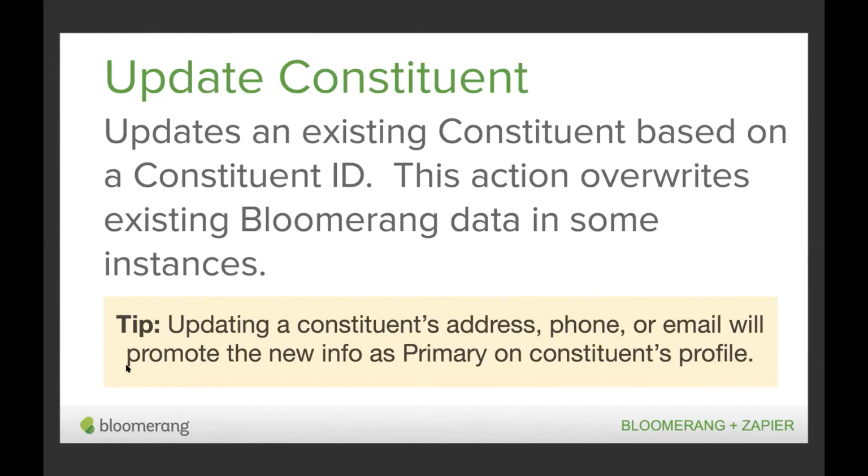If we're writing a new address, phone, or email to an existing Bloomerang constituent, it'll promote that new address, phone, or email to the primary, but will not remove the previous address, phone, or email data. Instead, it will demote that down to a secondary address, phone, or email as needed.